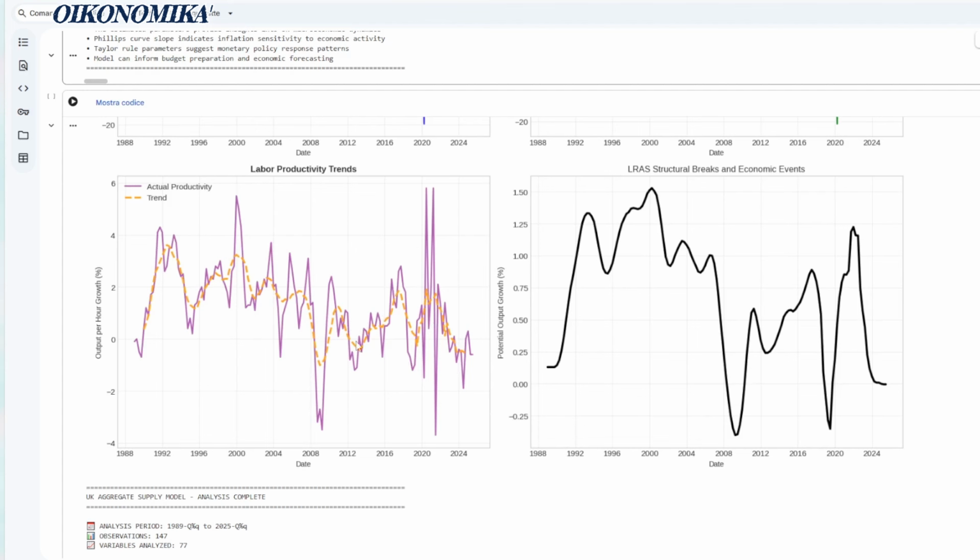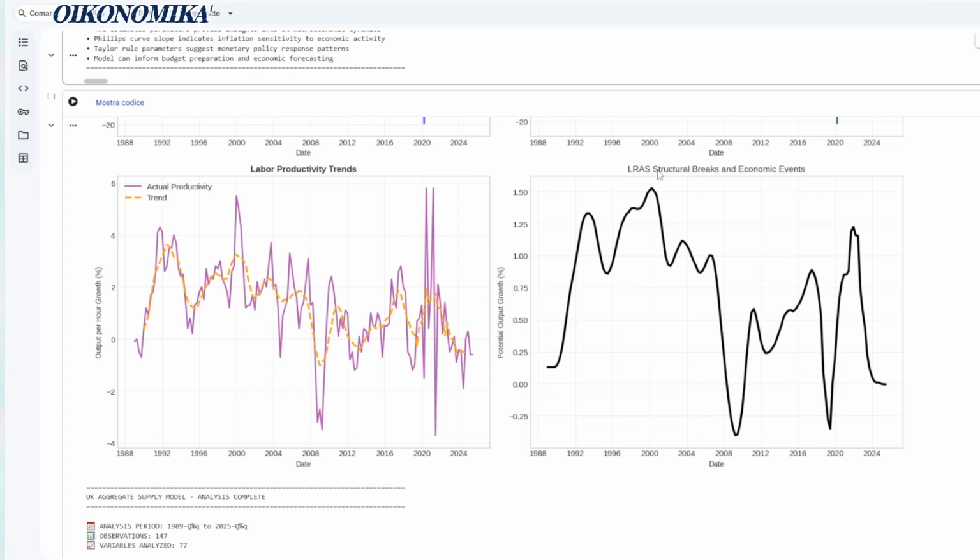You see here how the output growth per hour has gone below zero. So it means that a negative output gap in the GDP figure is also a negative productivity growth. This is something that they know. The OBR has measured it; my models are better, and just put a like right now.